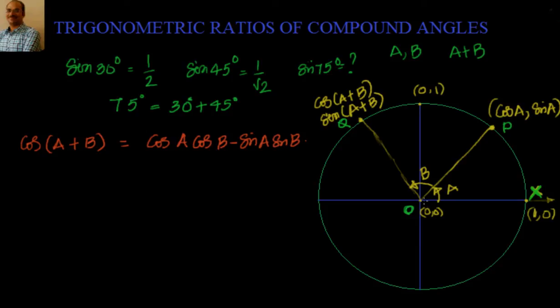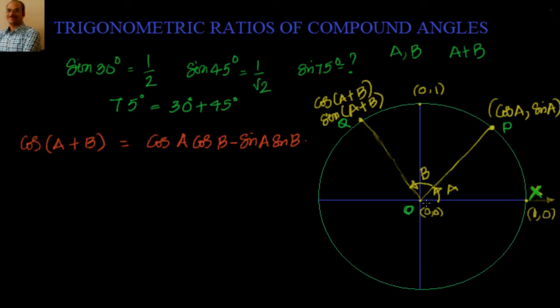So I will try to put the same angle here, draw the same angle in reverse direction, this much. So what I will do, let me just use the same color so that there is no confusion. I will use the same color.